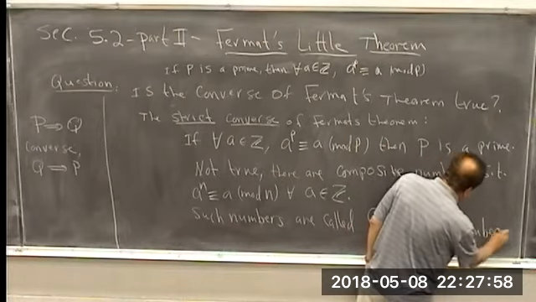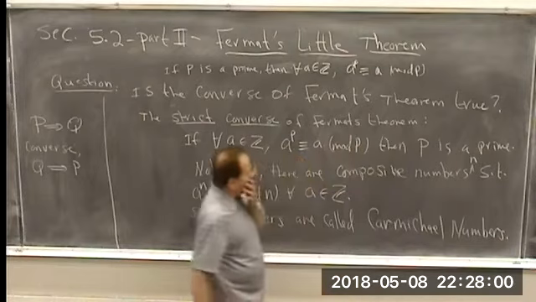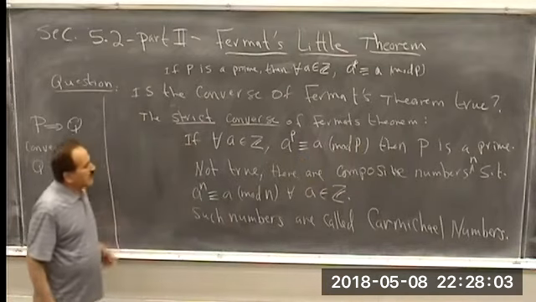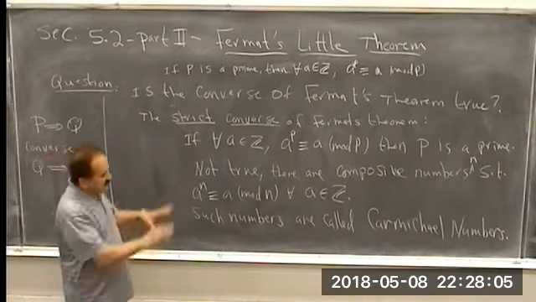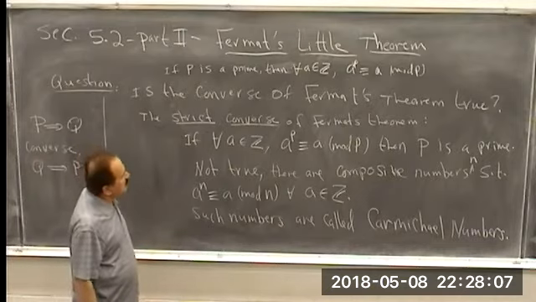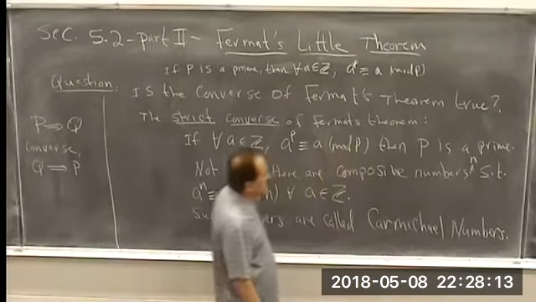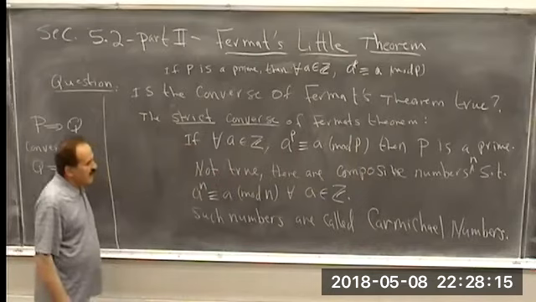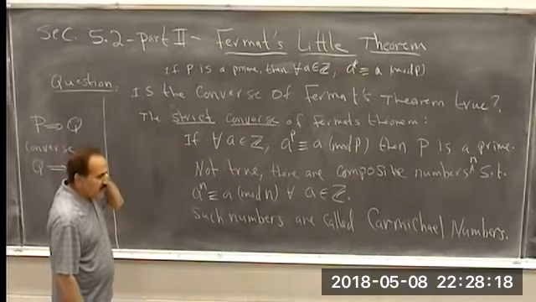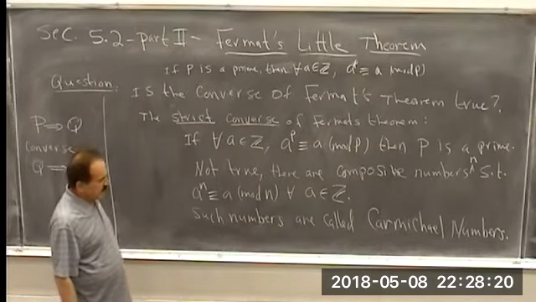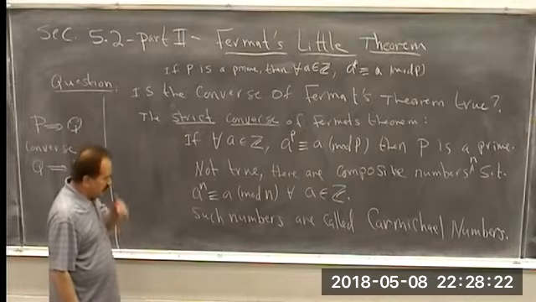Now we're going to give them another name, and we're going to define this formally. But this is just kind of a discussion. These numbers were discovered by Robert Carmichael in 1912, and he conjectured that there are infinitely many of these types of numbers.